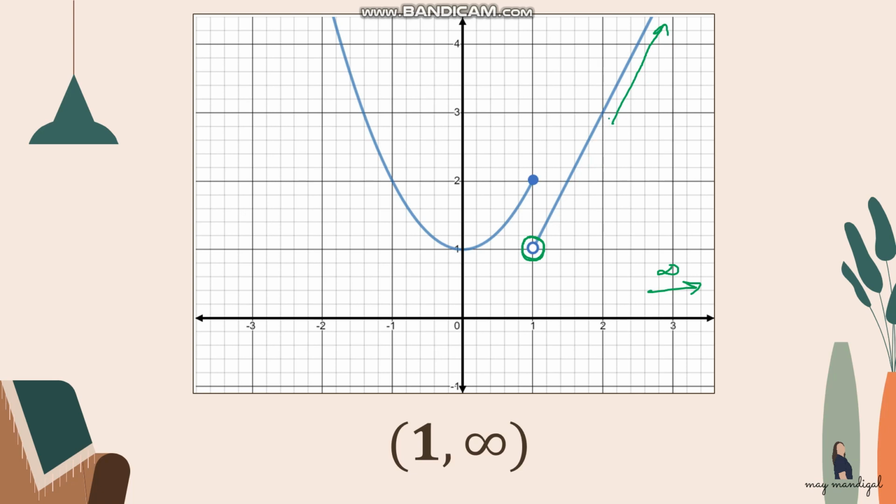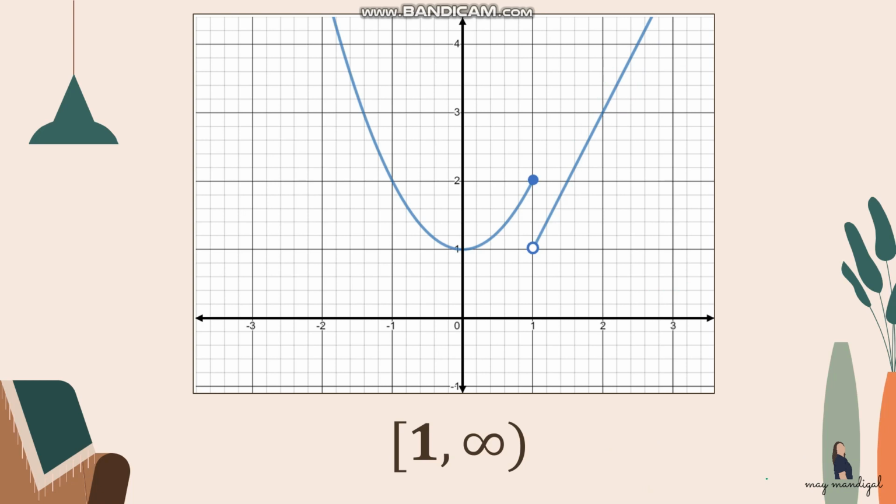Our graph goes in this direction as x goes to positive infinity. Since I start at this point, I can trace it without lifting my pen going to positive infinity. Therefore, our graph is continuous on the interval (1, ∞).